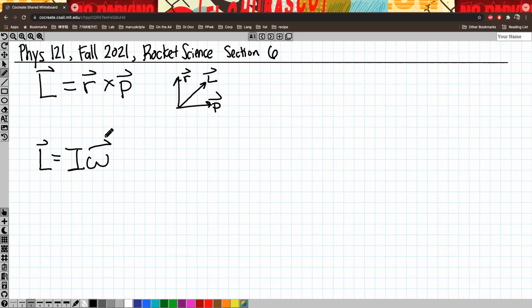So if there's a bit of counterclockwise rotation, the long axis is going counterclockwise.